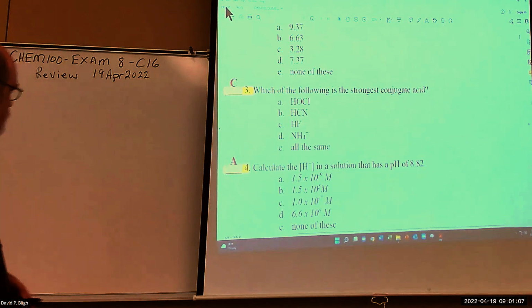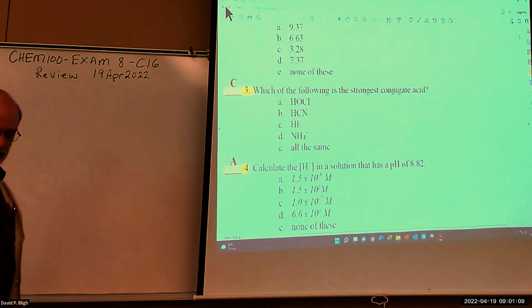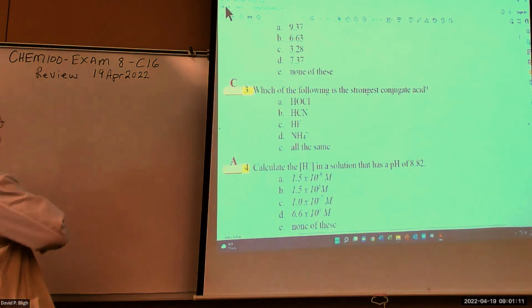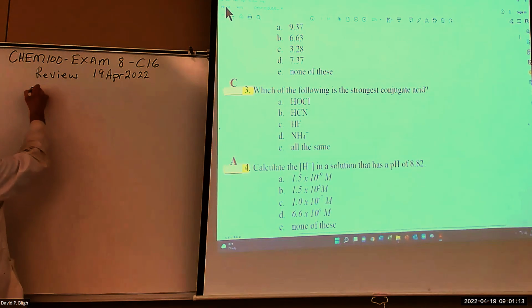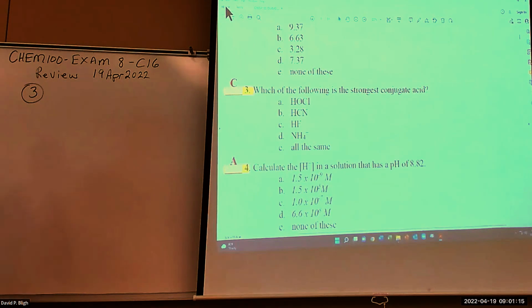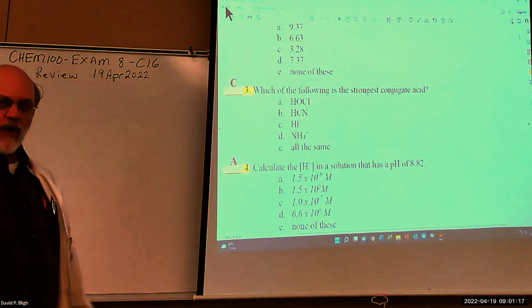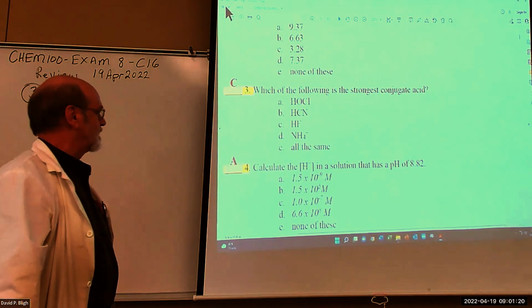Number 3, where we're going to start this one. Which of the following is the strongest conjugate acid?